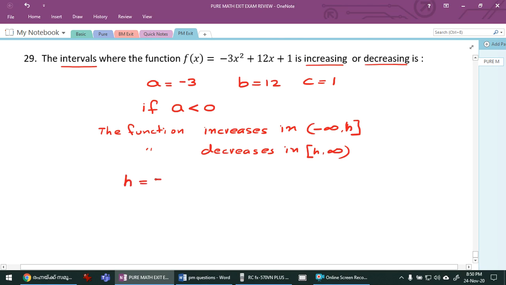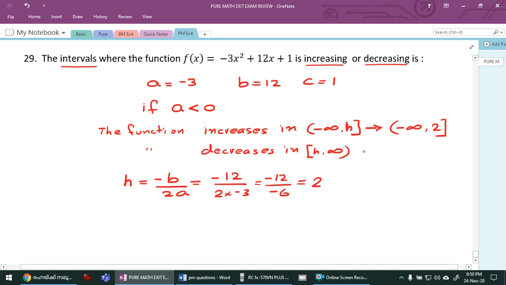The rule for h is minus b by 2a. So minus 12 divided by 2 into minus 3, that is minus 12 divided by minus 6. Minus minus will cancel, 12 by 6, the answer is 2. So the increasing interval is minus infinity to 2 and the decreasing interval is 2 to infinity.